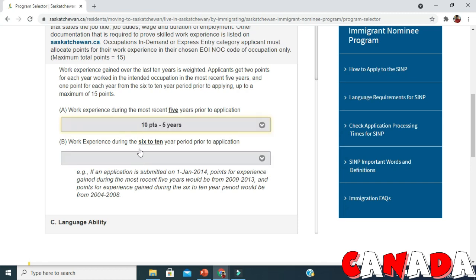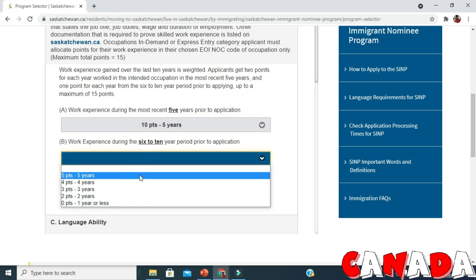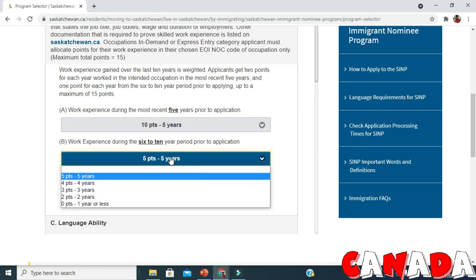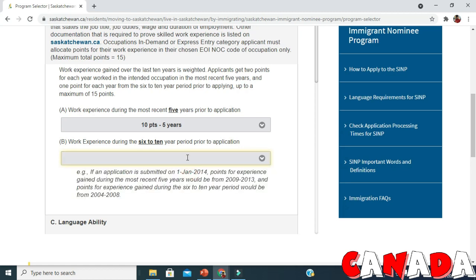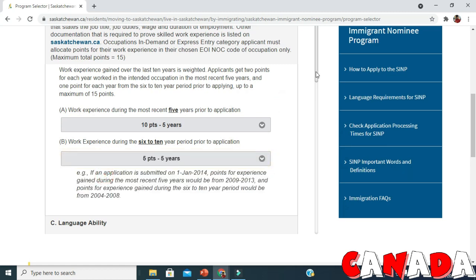So this was about the recent 5 years. Then from 6 to 10 years, how much experience did you have? We are saying 5 years here. That does not mean 5 years of experience, it will actually mean 10 years of experience. Do you understand my point? Now, where did that selection go? Sometimes I am not tech friendly.